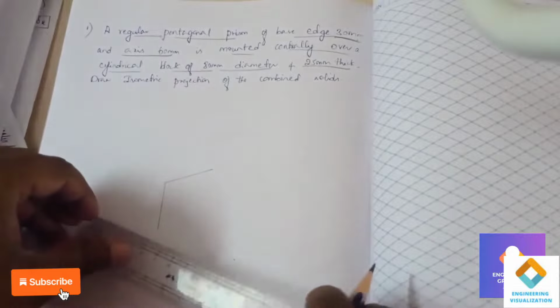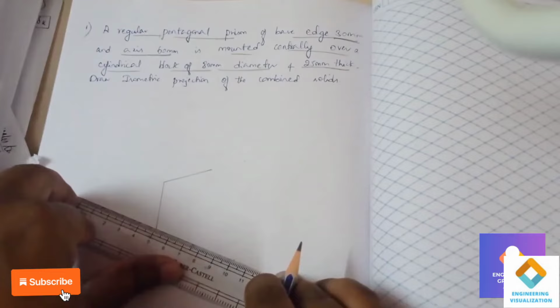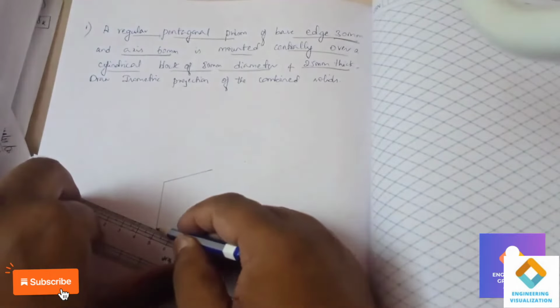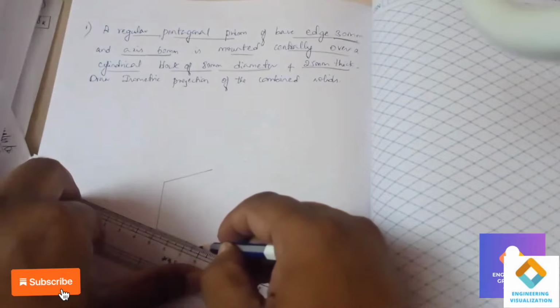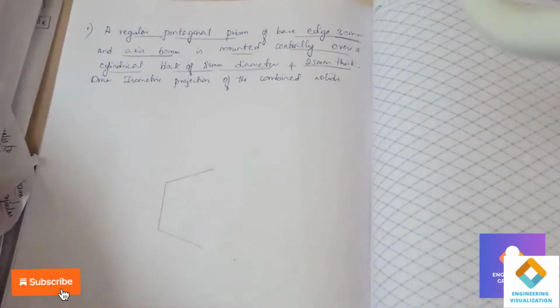Okay, so here also you need to mark 72 degrees and draw a line passing through that angle point, a length of 30 mm. Now take the compass, measure 30 mm and cut the arc.